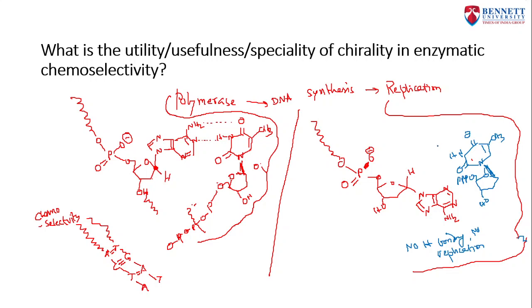You would have to redesign the enzyme and redesign dTTP to get this done. So that is why enzymatic chemoselectivity or stereoselectivity is dependent on the relative arrangement of atoms in space, or chirality. Stereo-chemoselectivity. So that is how it is defined.